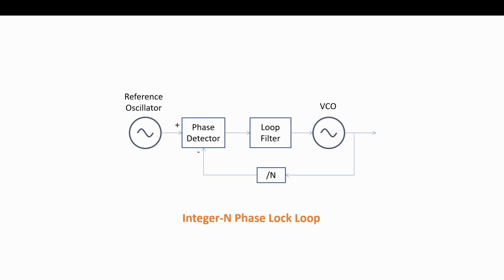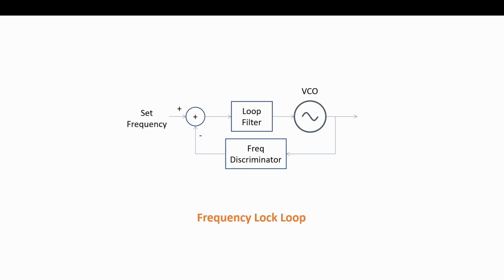That goes into our magic loop filter, and the loop filter's job is to float up to the value it needs to be to make that error 0. So that's the integer N phase lock loop. With it, we can change N, and that will step the output within the step size given by that reference oscillator. So it's an integer N PLL.